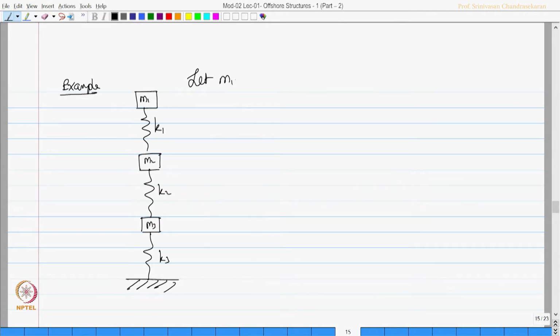Let M1, M2 and M3 be a constant value which is 3500 kg. K1, K2 and K3, not constant, let us take it like this: K2 is 1.5 K1 and K3 is 2 K1 and K1 is K, which is 1500 kilonewton per meter. Okay, let us say this data is given.